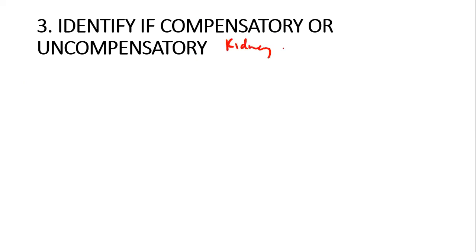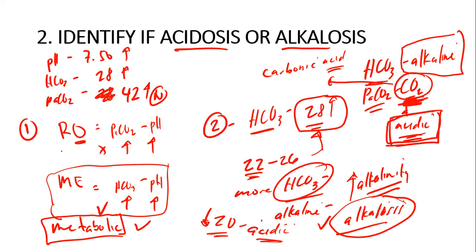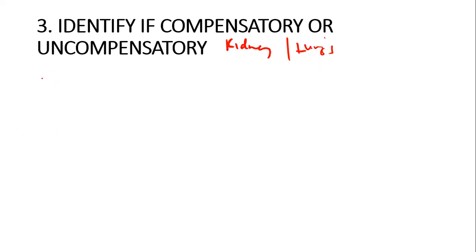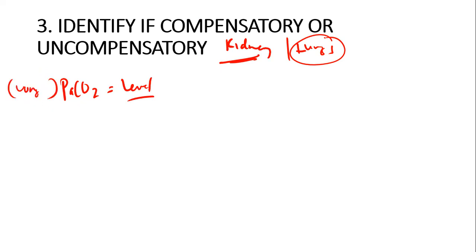You have your kidney and your lungs. The organ that's having a problem is your metabolic, or your kidney. Therefore, your kidney is having the problem. So what organ needs to compensate? It has to be your lungs. So you will have to take a look at your PaCO2 level, because the lungs will be responsible for compensating.